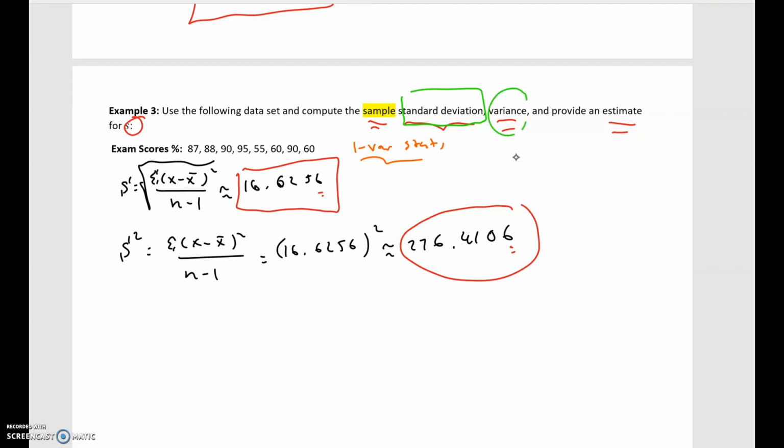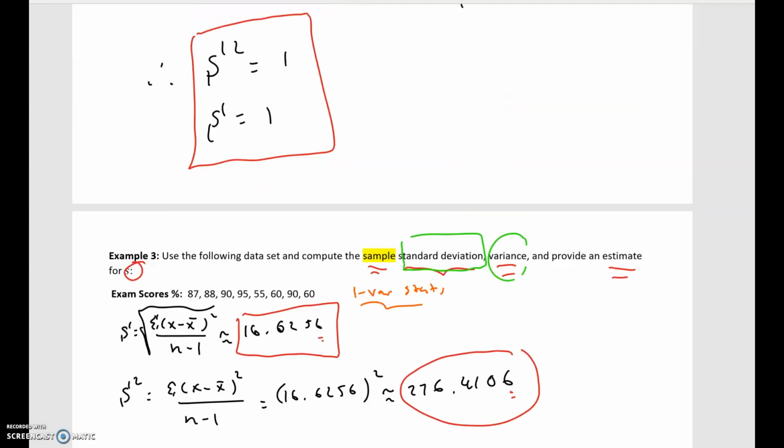Now, for all of these, I'm going to need the actual variable that you're using, the formula associated with it. In this case, I'm actually missing, this is supposed to be a 2 there. And then your output from the one variable stats.